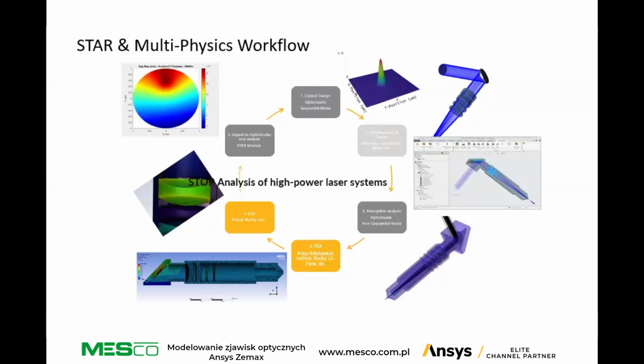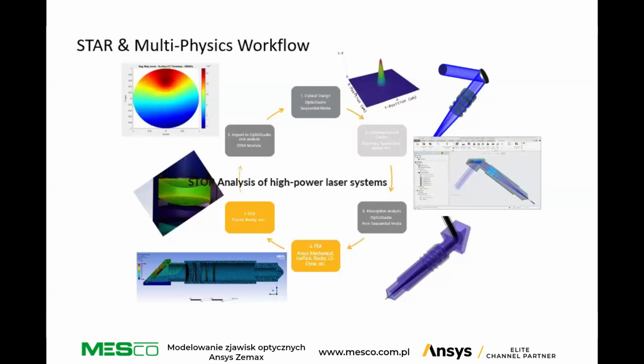In this mode, you will have your source and you can trace rays and check the power that is hitting each optical lens and take this input to move it to your FEA software, like in this case Ansys Mechanical, or even Ansys Fluent, if you also want to perform some fluid analysis.